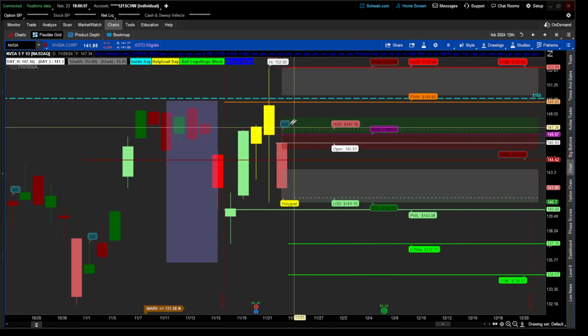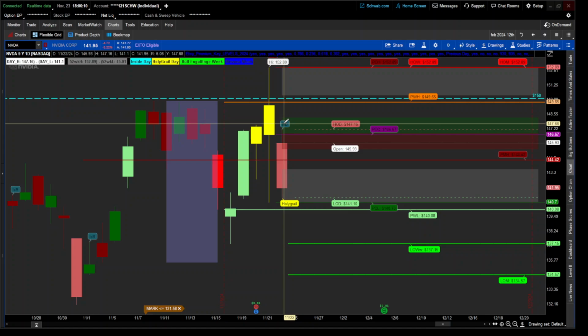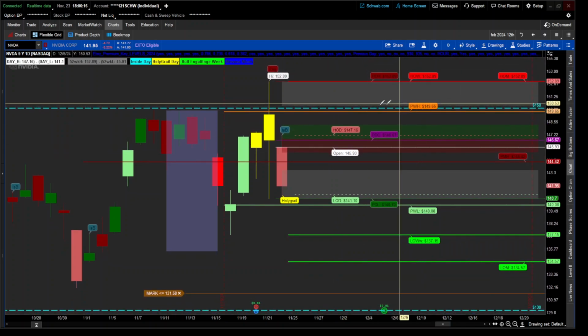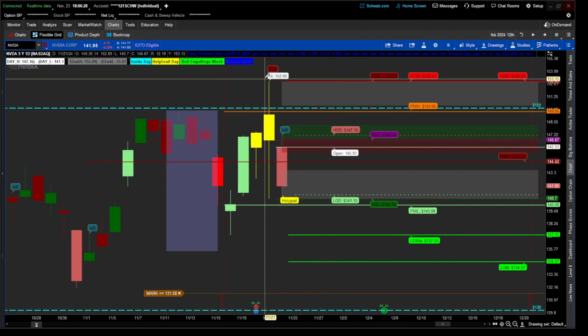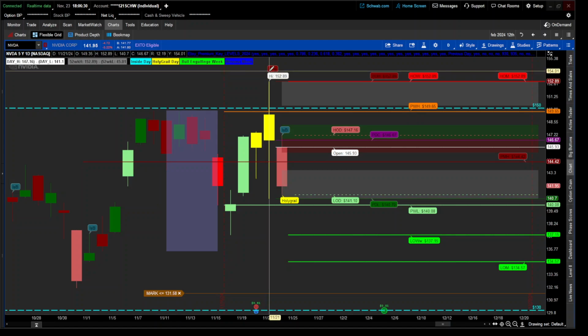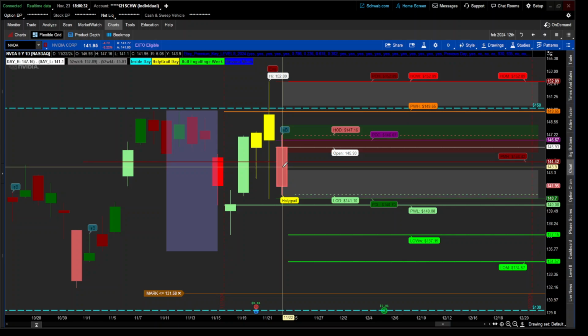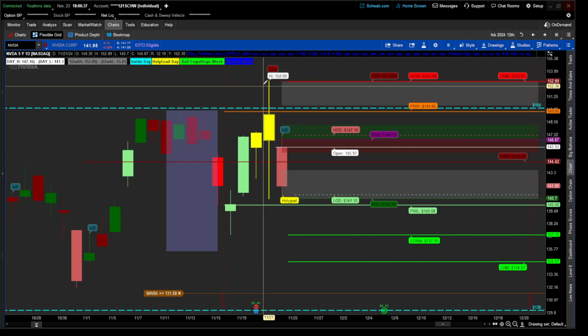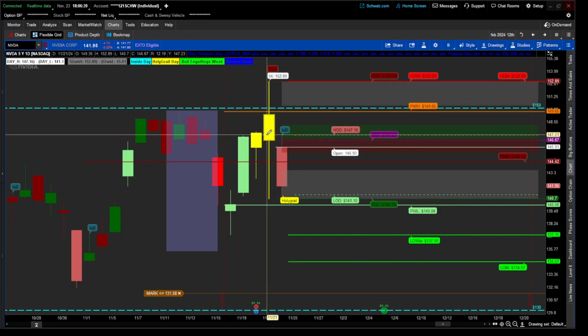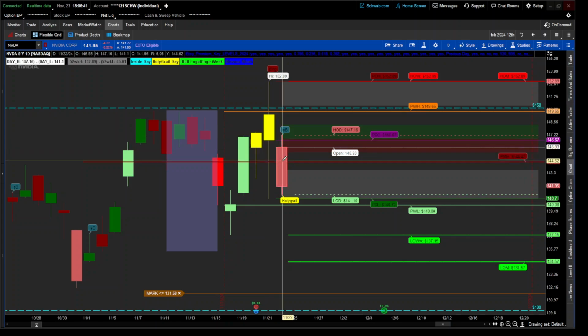And now you can see where these light blue bubbles right here, it shows you ISB stands for inside bar. So you have an engulfing bar, then an inside bar, which represents a Holy Grail, which is showing you, hey, this previous day was very volatile, but today is not as volatile.